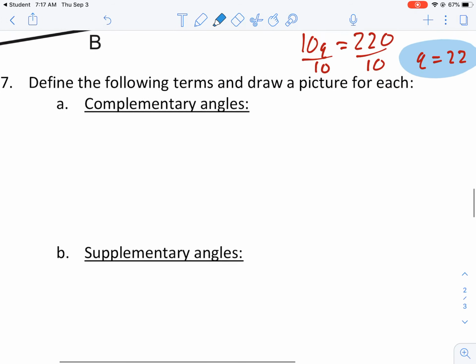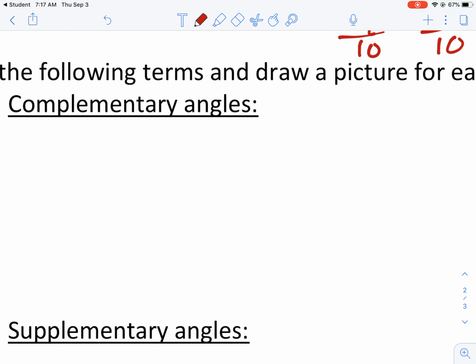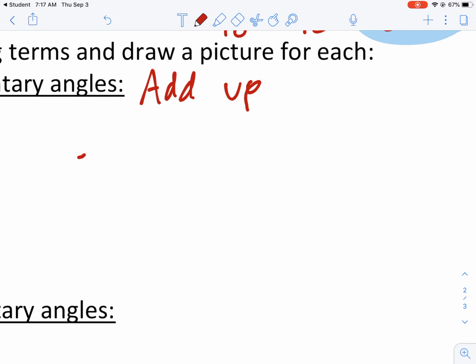So the last thing that we're going to talk about, we're going to two more pairs, but I'm just going to give you definitions here because this one's kind of hard to tell. And it says draw a picture too, so we'll do that. So complementary angles add up to 90 degrees.